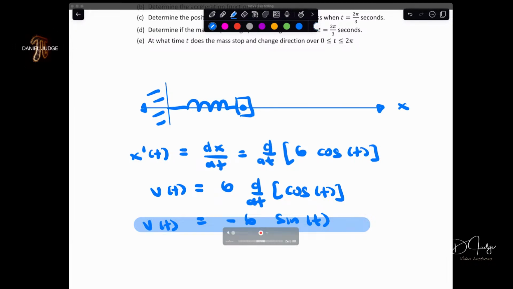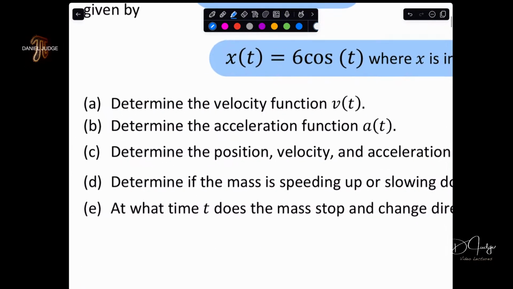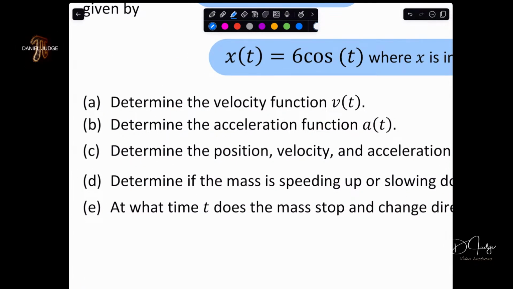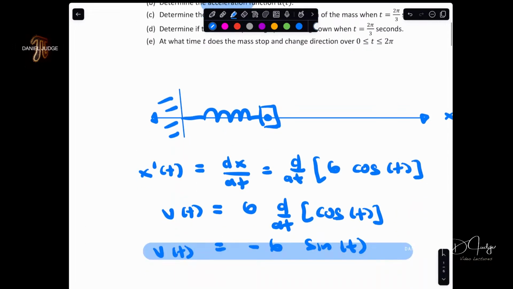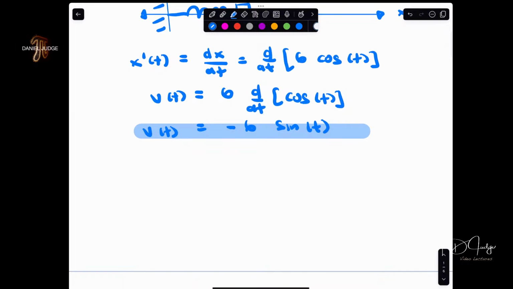Okay, so we did the job by getting velocity. Now, if they say in question B, so we got velocity, what's the acceleration now? The acceleration function is the second derivative. Acceleration is the derivative with respect to time of your velocity.